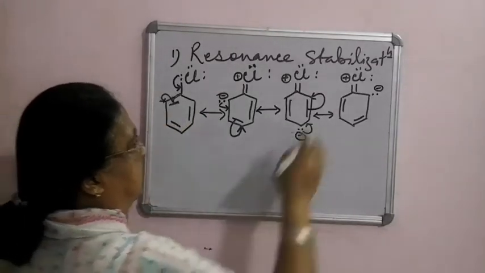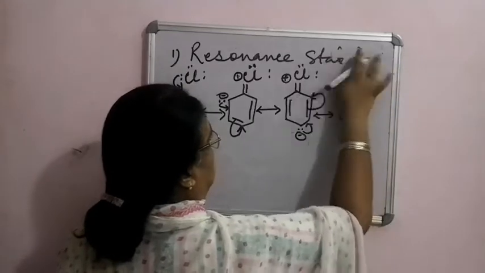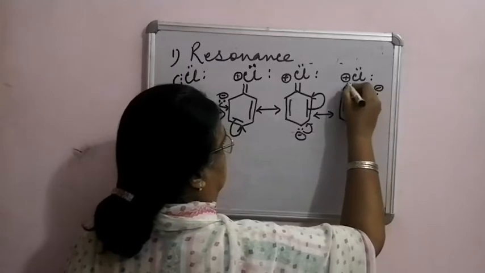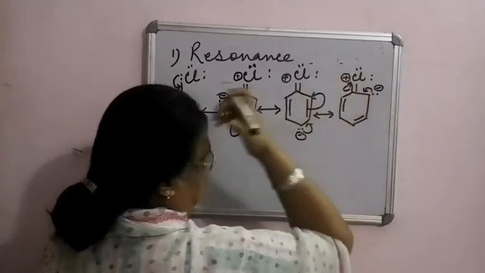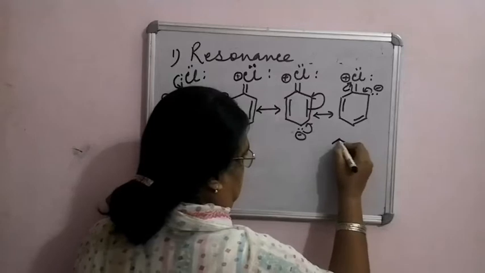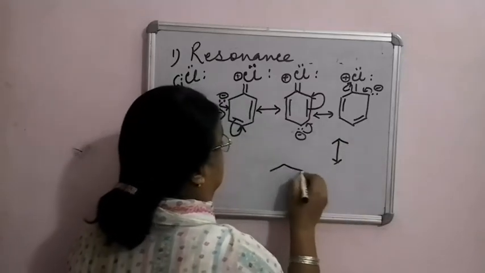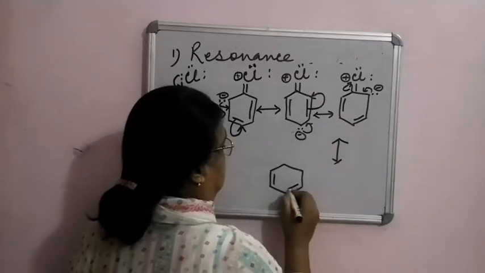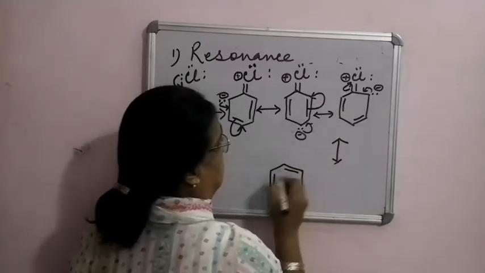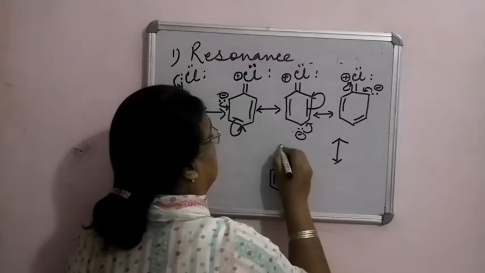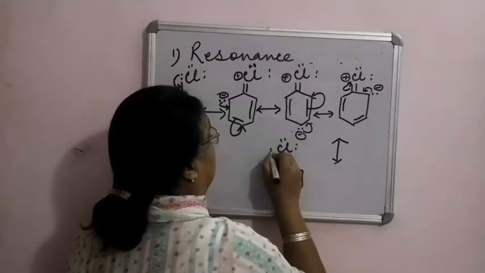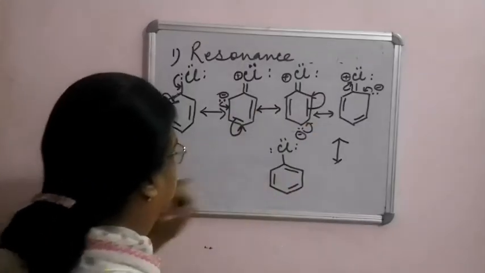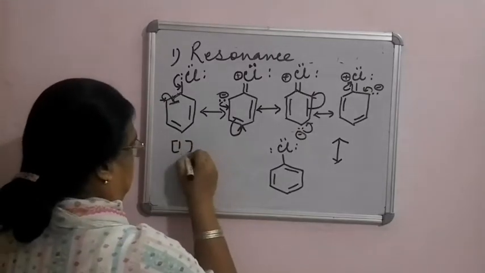Now once more we will have delocalization, this will be traveling back because this will be pushing electrons. Another resonating structure we will get, that is, here the bond, here the bond. This will turn into a double bond, single chlorine and three lone pairs. You can see here the double bond. So these are the five resonating structures.